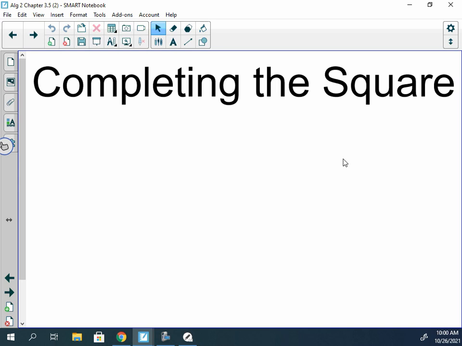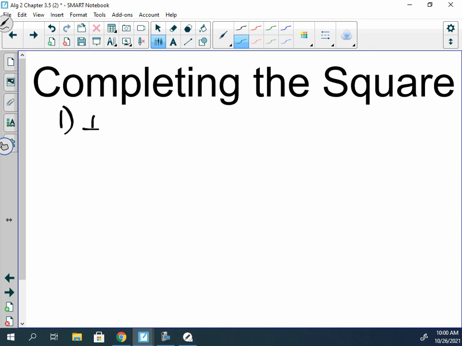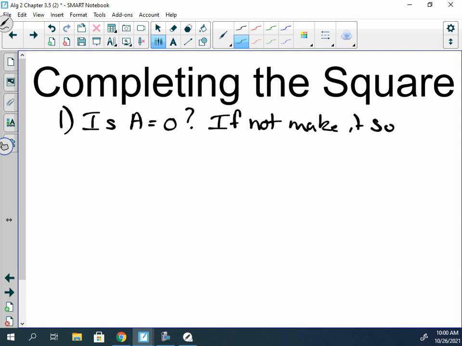If not, we're going to be looking at completing the square again today. Now, completing the square had four main steps. One, is a equal to 1? If not, make it so.